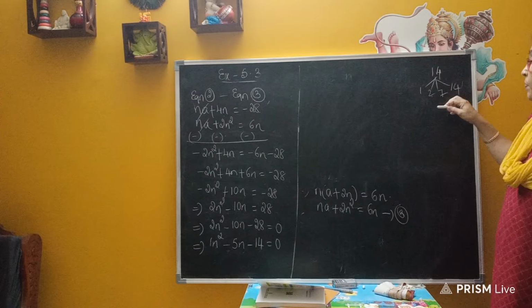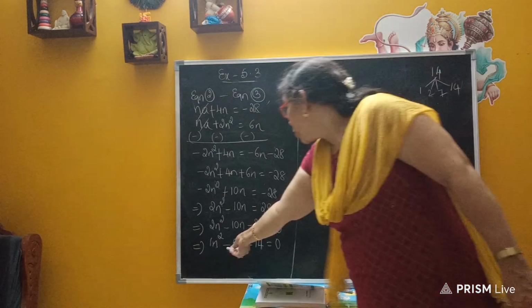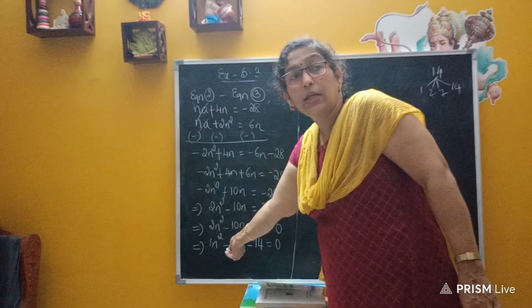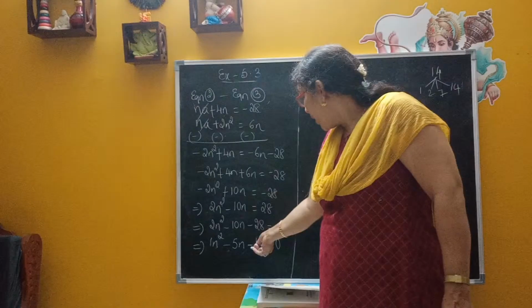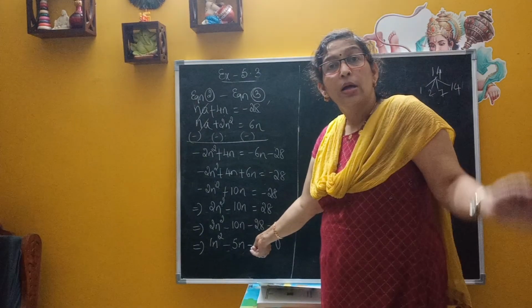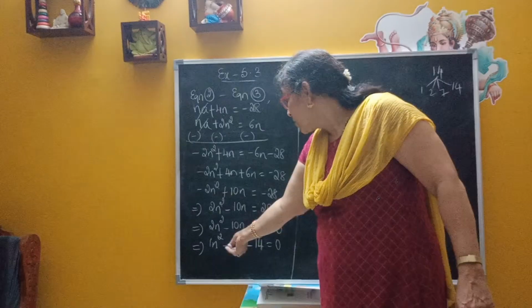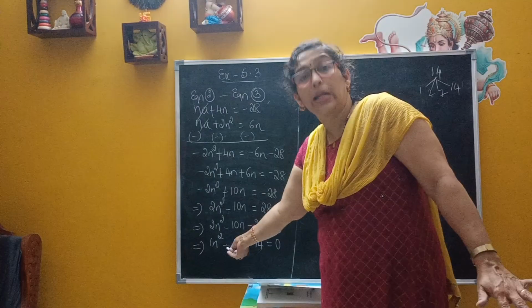Now let us take any two factors. The sum should be negative, so the greater number must have a negative sign, and my product is negative. To get a negative product, it is either plus into minus or minus into plus. Since the sum is negative, the greater number must have a negative sign.